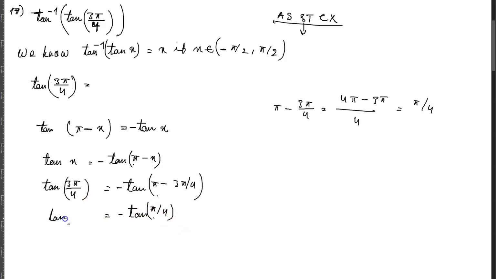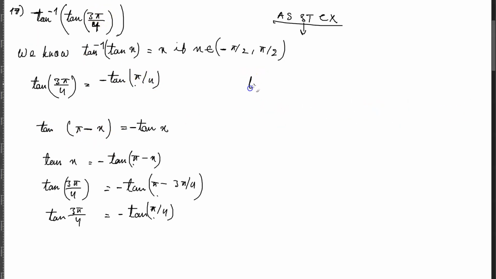So tan of 3 pi by 4 is equal to negative tan of pi by 4. That means that instead of tan inverse of tan of 3 pi by 4, I can write tan inverse of negative tan of pi by 4.